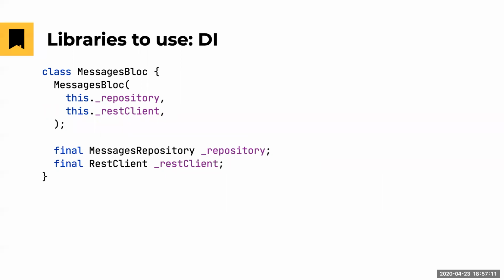Let's say we have a message bloc or message view model that is dependent on a messages repository and a REST client.